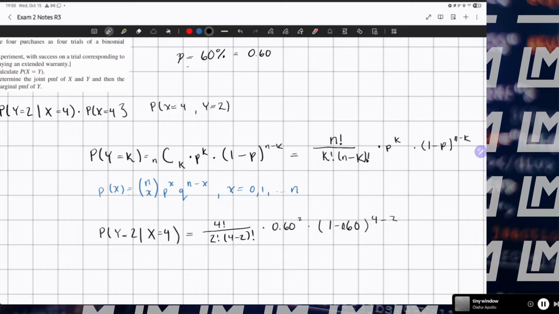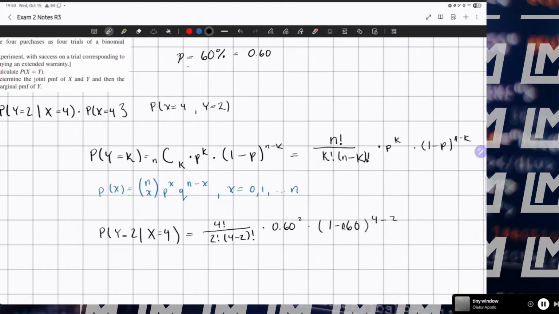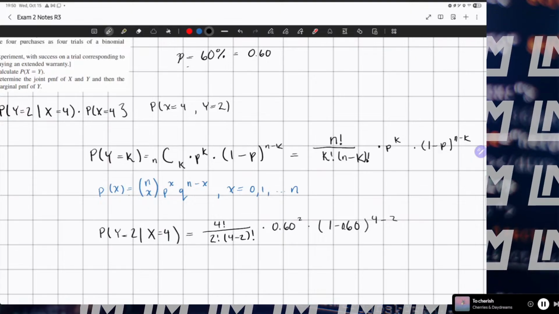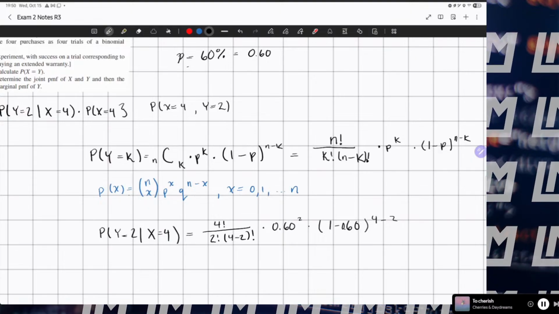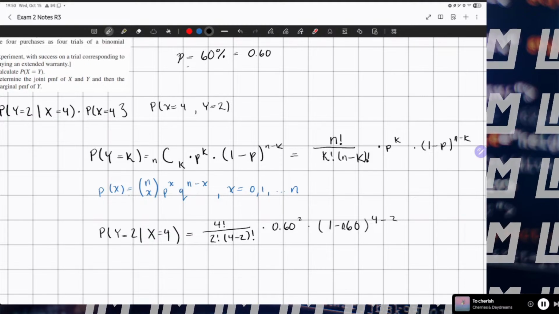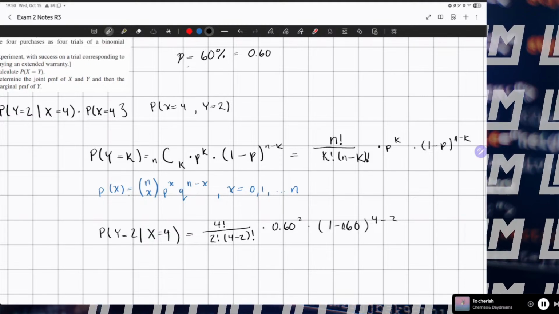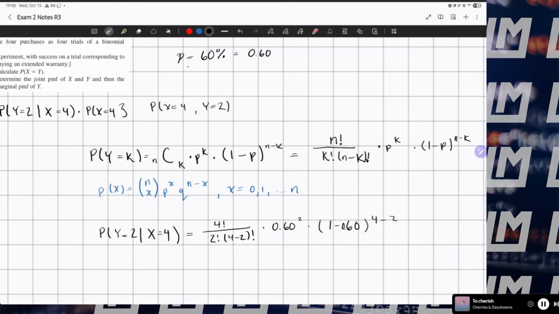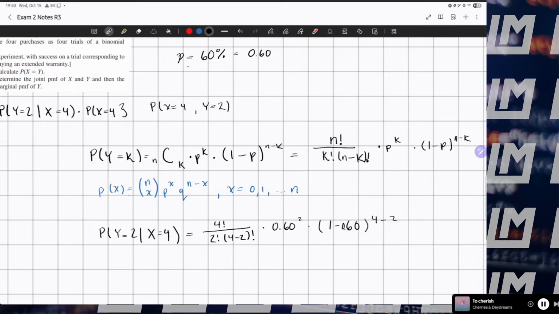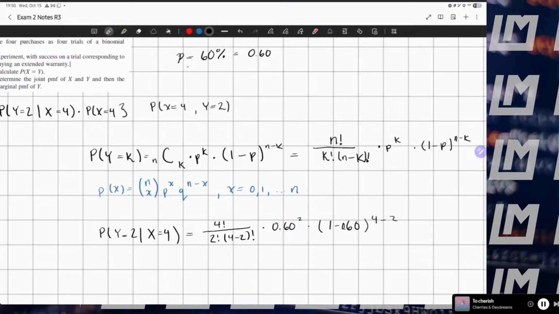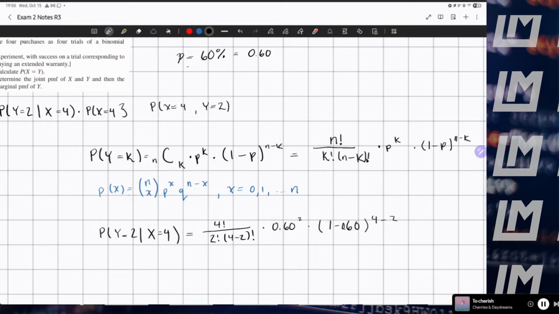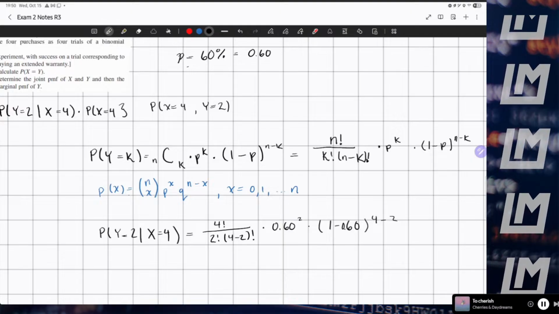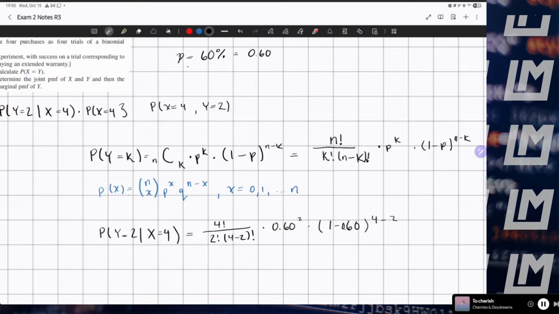I guess I can't. HP Prime. I guess not. I'm going to just plug it in my regular calculator. I just wanted to show you what I was plugging in.